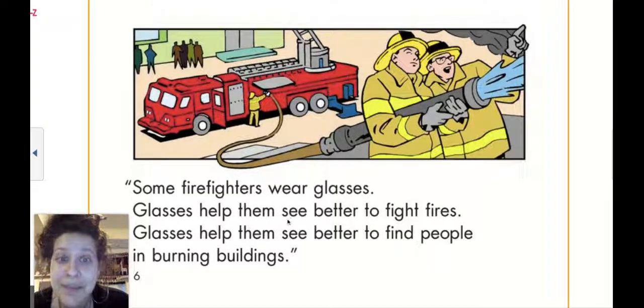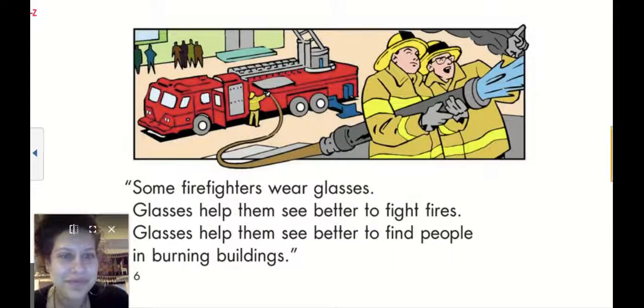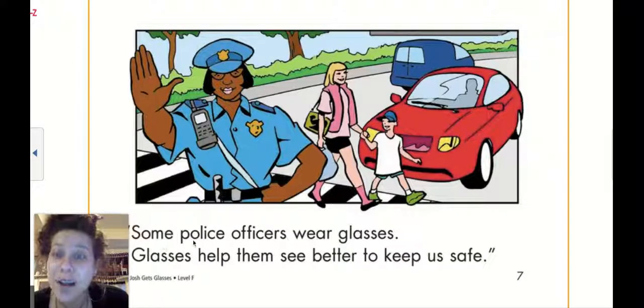Some firefighters wear glasses. Glasses help them see better to fight fires. Glasses help them see better to find people in burning buildings. Some police officers wear glasses.